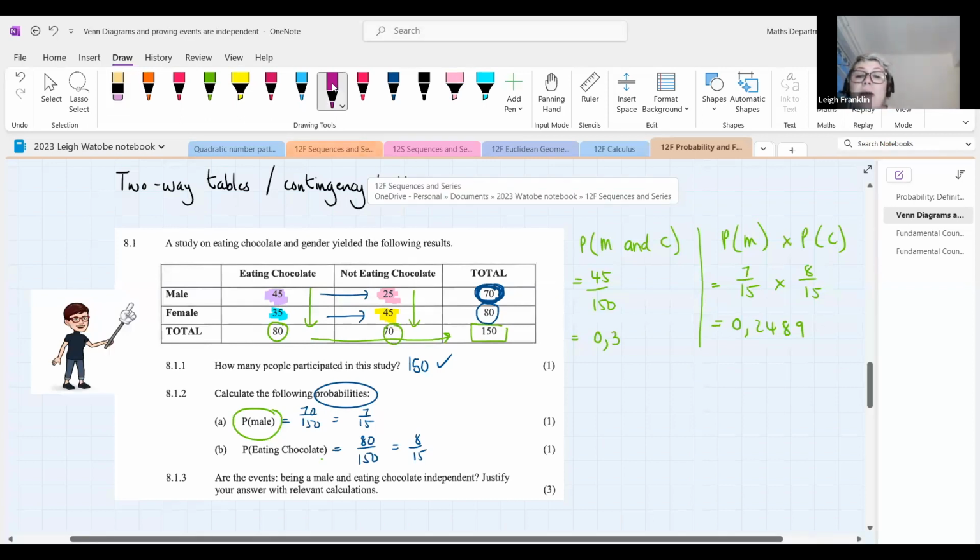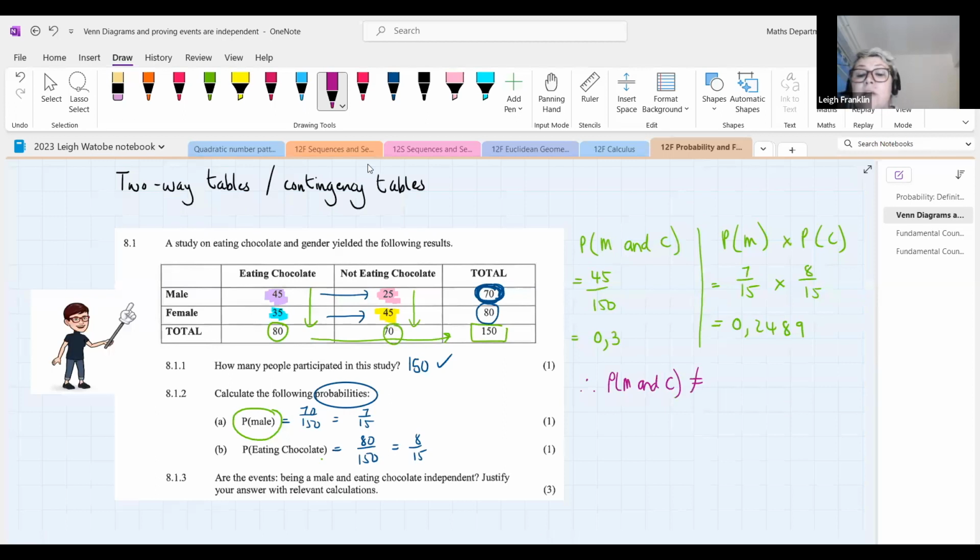That's why we cannot start off making that statement that they are equal, because that's what we're trying to establish. So now we can conclude, therefore, the probability of being male and eating chocolate does not equal the probability of being male times the probability of eating chocolate. We must make this statement because it is the conclusion of our calculations.